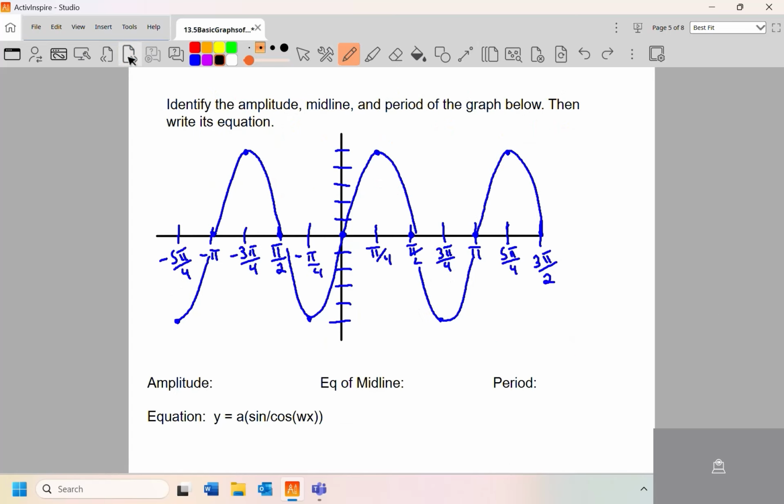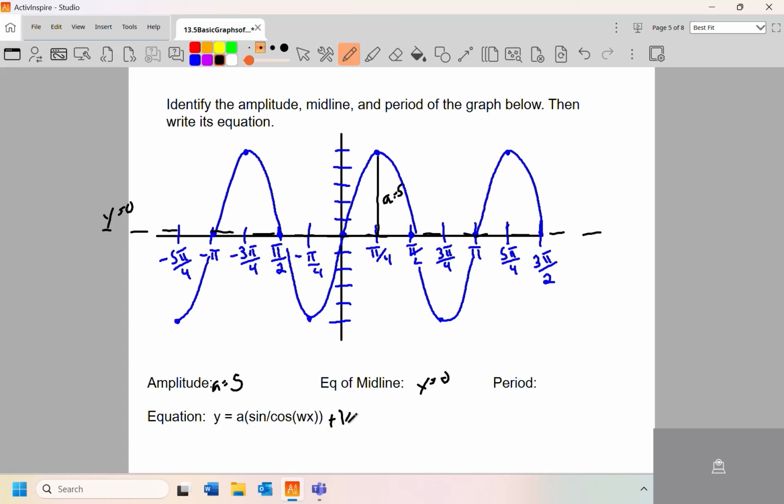Identify the amplitude, midline, and period of the graph below, and then write its equation. All right, so let's start with amplitude. How tall is this thing? It's 1, 2, 3, 4, 5 units tall, so A is 5. And that is A, by the way. A is for amplitude. The midline on this one is right down the middle. It's y equals 0.